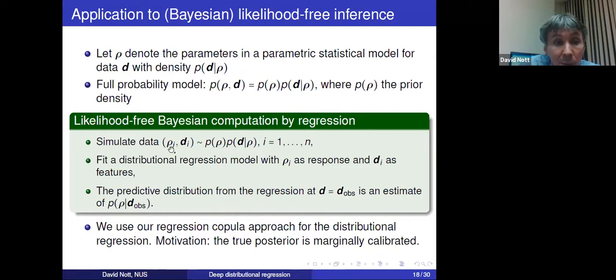And the prior is the marginal distribution for the responses in our regression. So imposing marginal calibration on our predictive distributions in regression corresponds to imposing a property that holds for the true posterior onto our regression approximations.